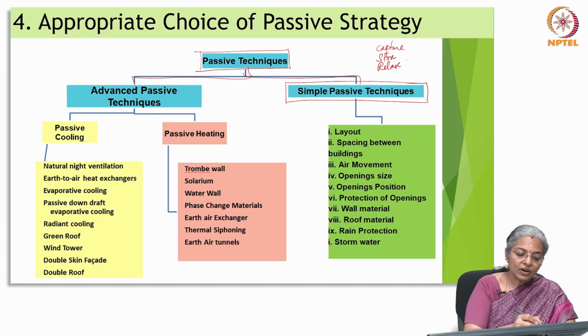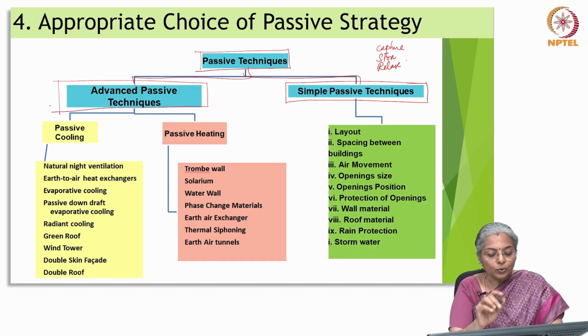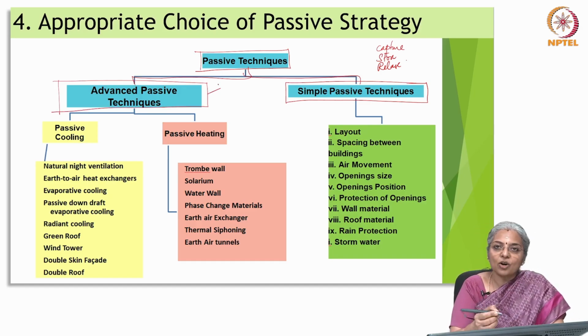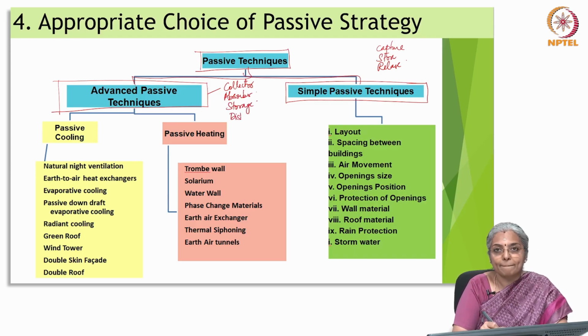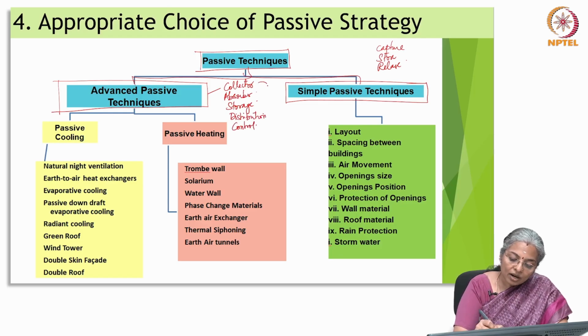Whereas, advanced passive techniques work where you need certain contraptions like collector, absorber, storage, distribution and sometimes even control system of heat or chillness.